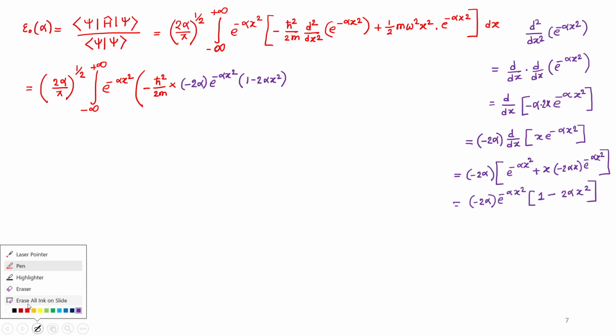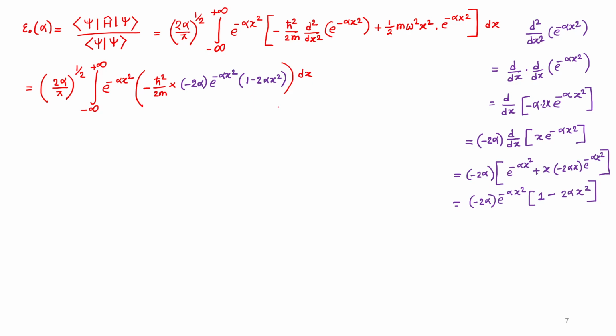And we can close our bracket, dx. And we also have 2 alpha by pi to the power half, minus infinity to plus infinity, e to the power minus alpha x square, half m omega square x square into e to the power minus alpha x square dx.